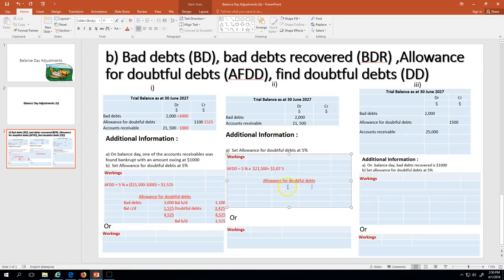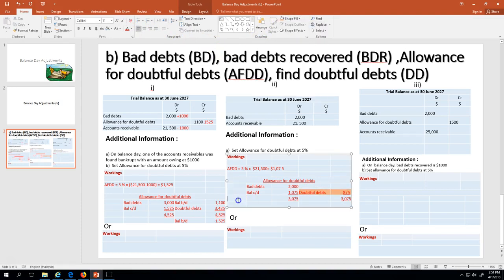So the next thing is to record our bad debts on the debit side, 2,000, and then we record the amount that we calculated. 1,075 is balance CD. Why? Because it is calculated at the end of the financial year. So you put it under balance CD, and we balance the account and find out this information: doubtful debts.